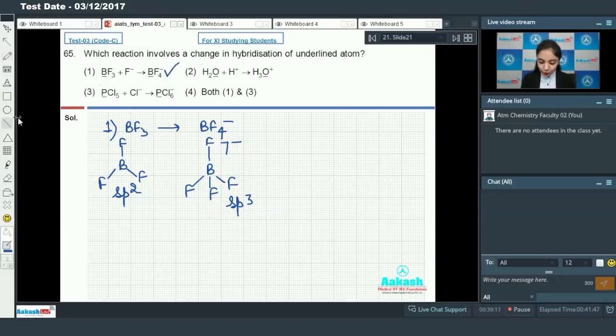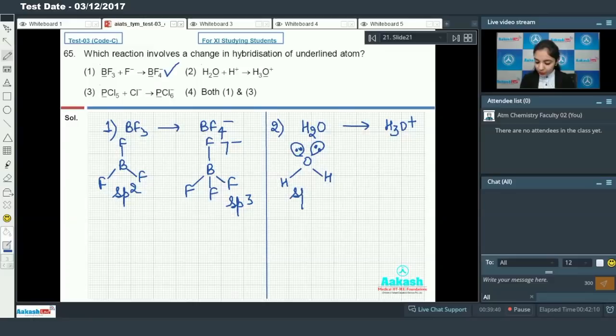Now we have the second option, which is the conversion from H2O to H3O plus. So water, you know that it contains 2 sigma bonds and 2 lone pairs.